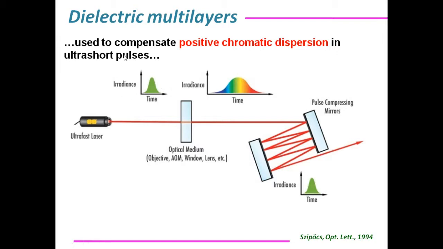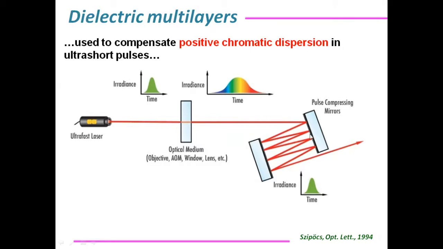When these chirped pulses go through some optical medium, they experience the so-called positive chromatic dispersion. Why? Because the longer wavelengths travel at higher velocities than the shorter wavelengths. So the pulses get broader.